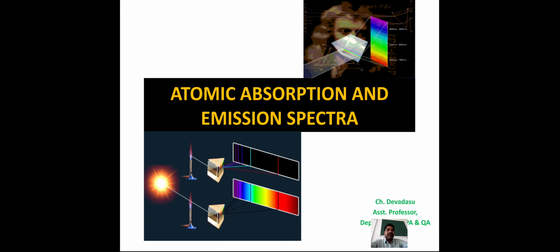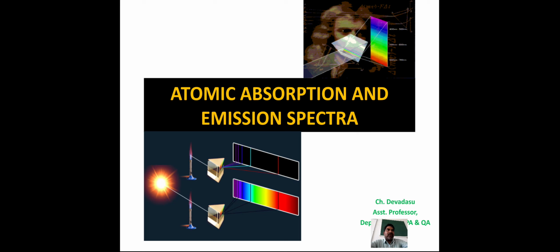Whereas in a spectrograph, there is a photographic film on which the lines can be seen as dark lines on a colored background.